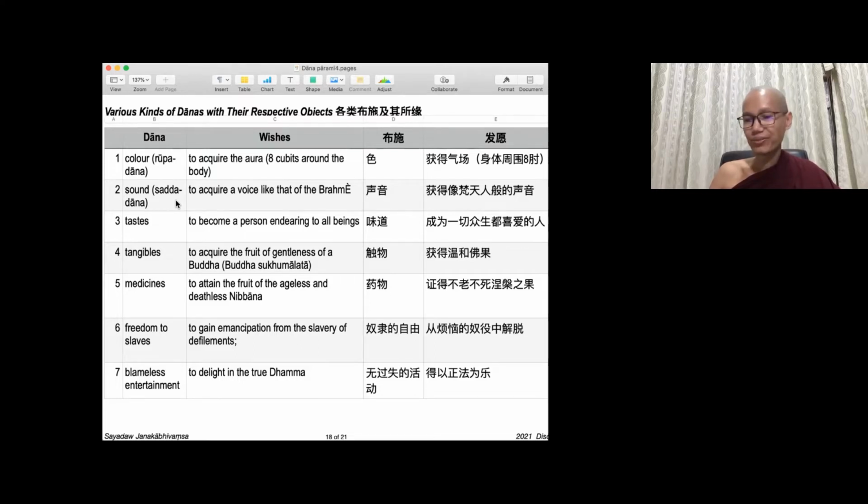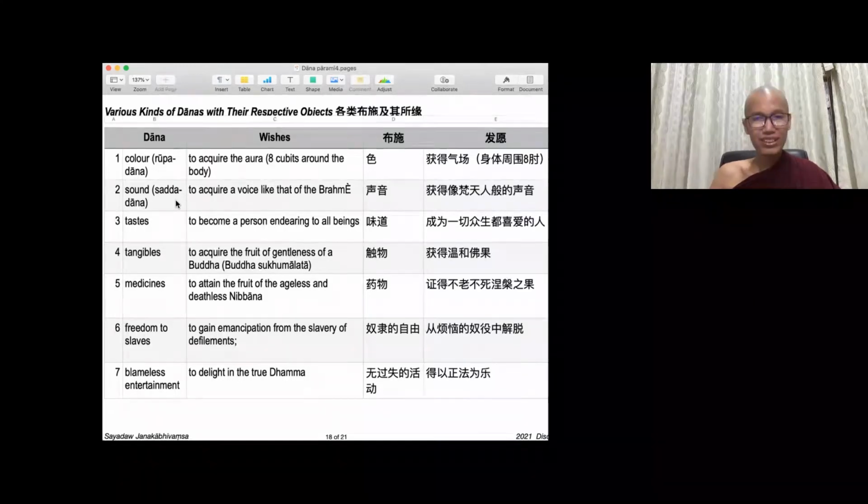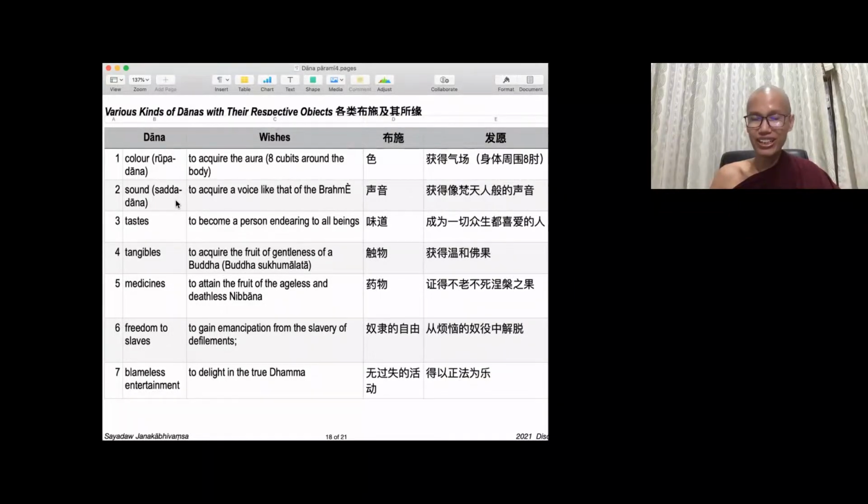So it has this kind of sound. Also it has an echo, a kind of sound behind. It has no unclear sound.